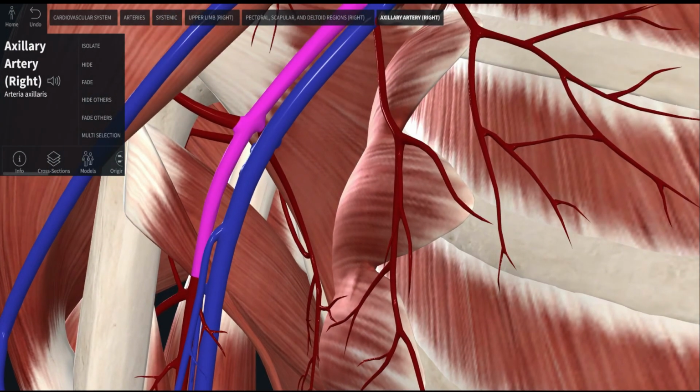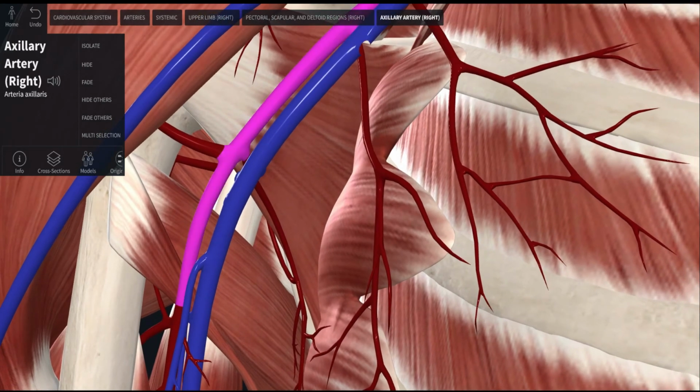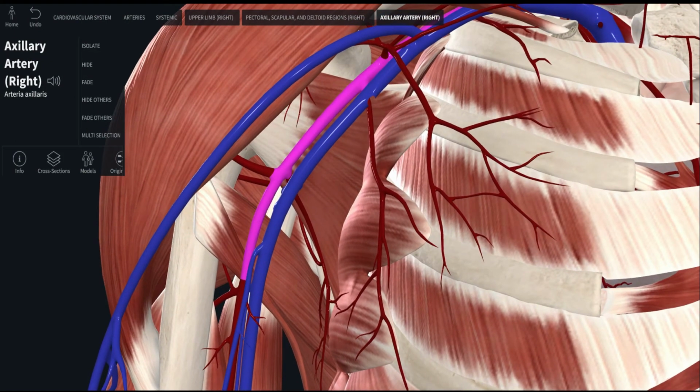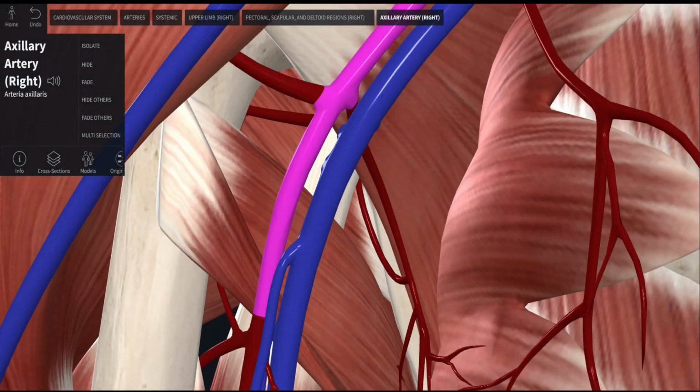So again, the anterior relations, not really much to talk about. Skin, superficial fascia, the deep fascia. Again, there will be the pectoralis major, because pectoralis major is a pretty extensive one, right? But in the anterior relation of the third part, we have a nerve as well, which we'll talk about in the brachial plexus section. Okay.